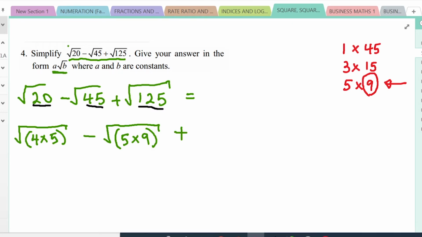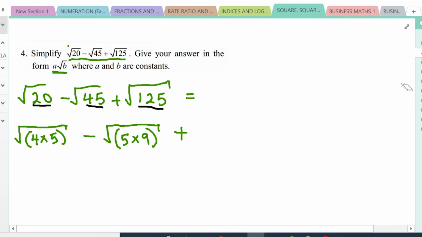Let's look at the factors of 125. So again, factors of 125, we have 1 times 125. Of course, 2 is not there. 3 does not fit in there. 4 neither. So here we have 5 times 25.